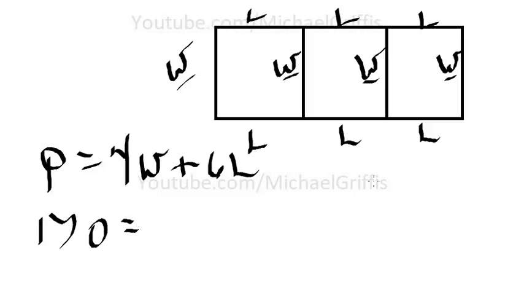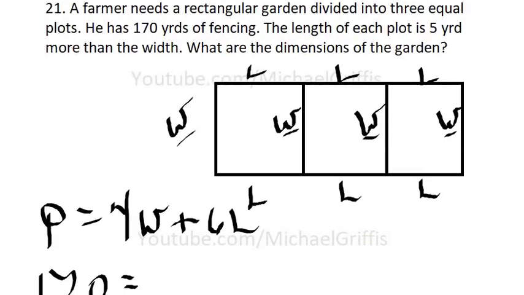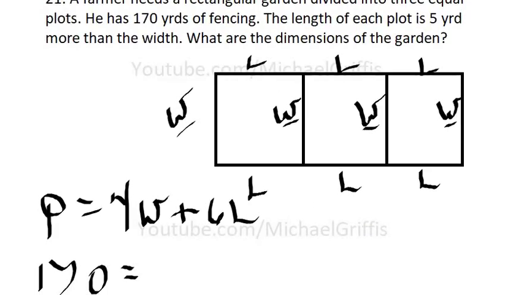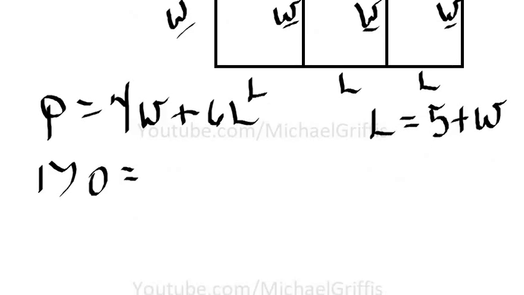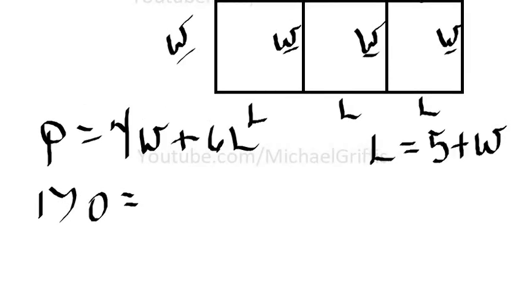Now we had a relationship. The length of each plot is 5 yards more than the width. So we'll write that here. The length is 5 yards more than the width. So now we have a relationship between the length and the width. And what we'll want to do is substitute that into our equation so we can get it all in terms of one variable.